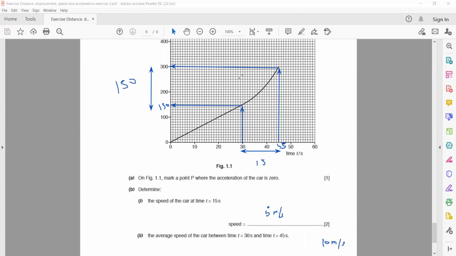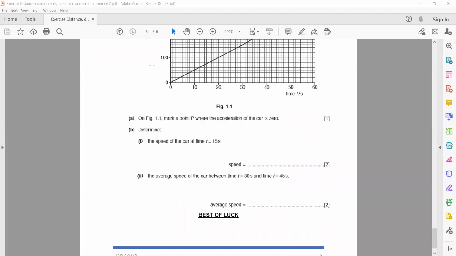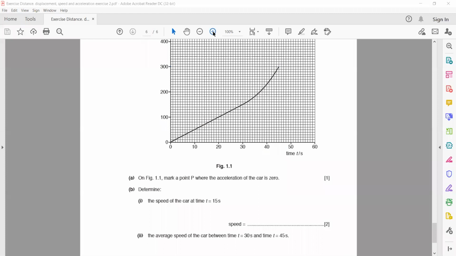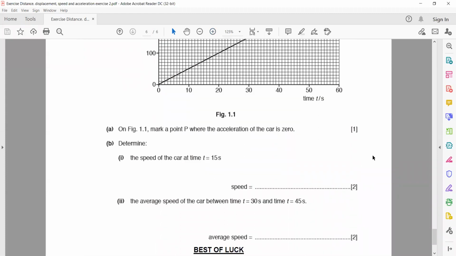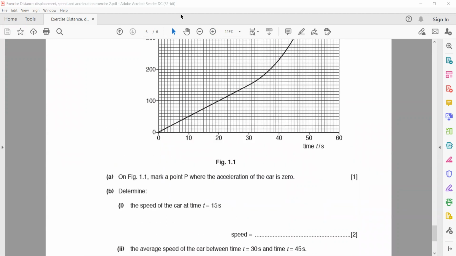The last part, B1 and 2. The speed of the car at 15 seconds: because it's a straight line in this region, we can find the speed of this region, and that speed will be the same as the speed at 10, 15, 20, 25 or 30 seconds.